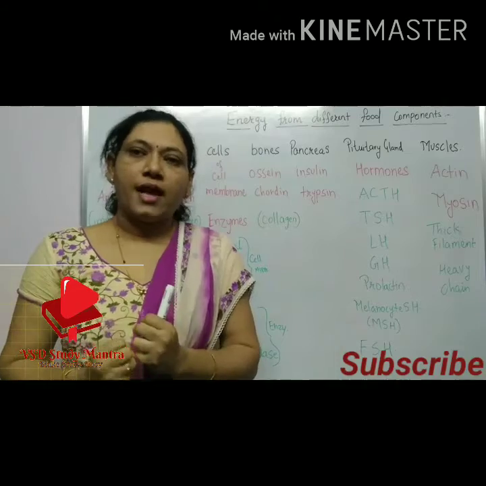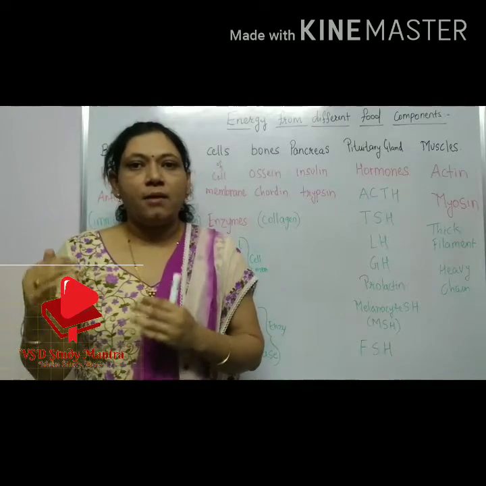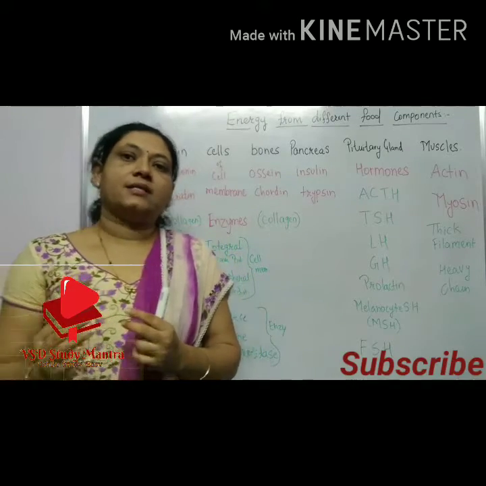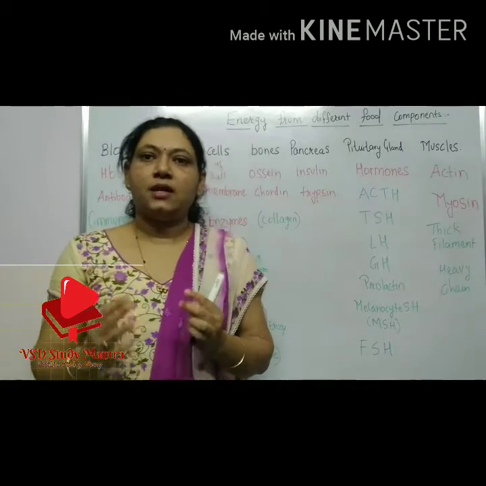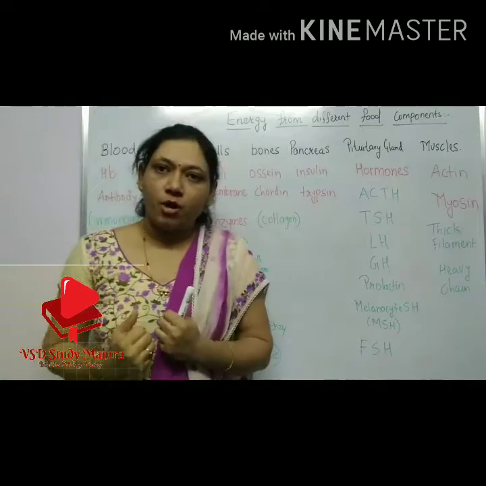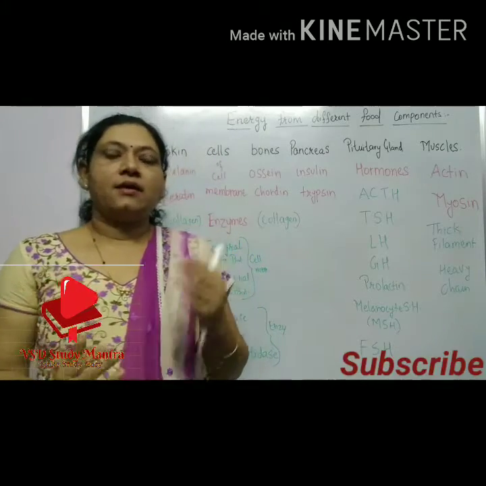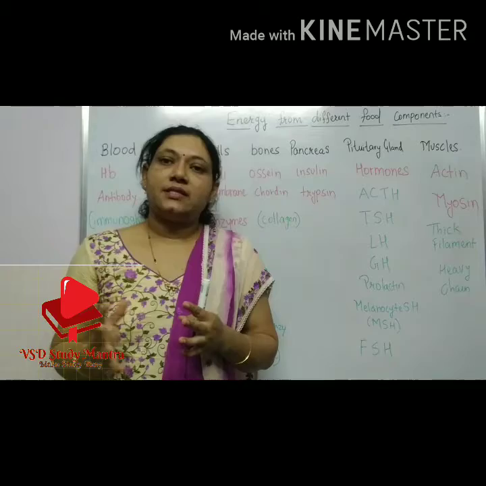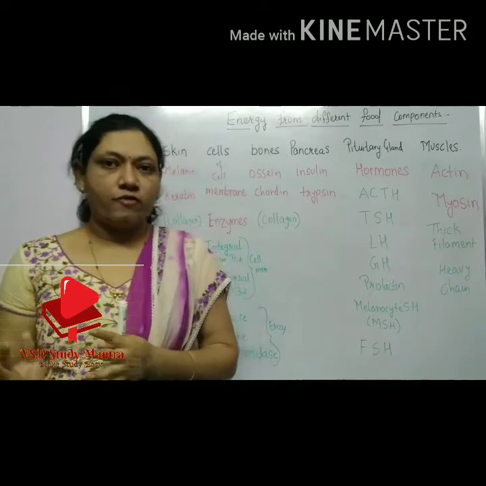It is produced to neutralize the pathogens. Pathogen means the pathogenic bacteria and viruses which attack our body. The antibodies neutralize them. They are produced by the plasma cells of our body.